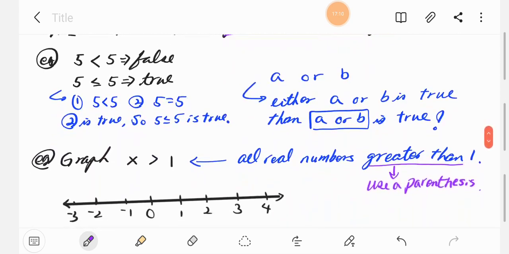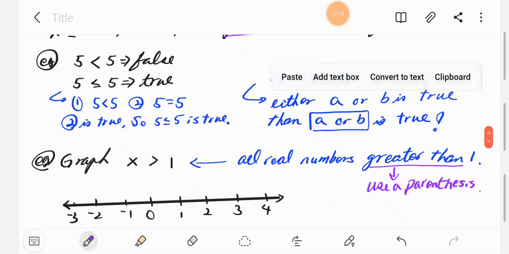So look at this. 5 is less than 5. This is not true, right? This is false, because 5 is equal to 5, not less than. But 5 is less than or equal to 5 is true, because although 5 is less than 5 is false, the conjunction is or, and 5 is equal to 5 is true.